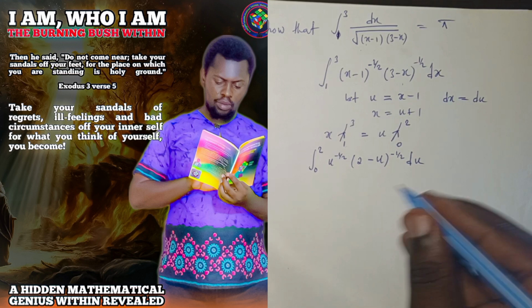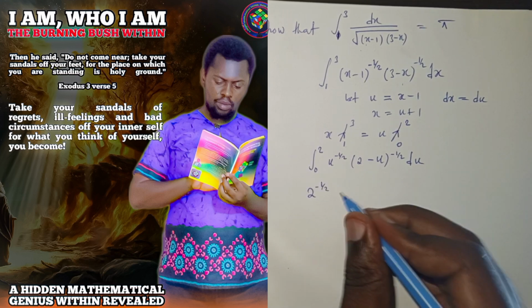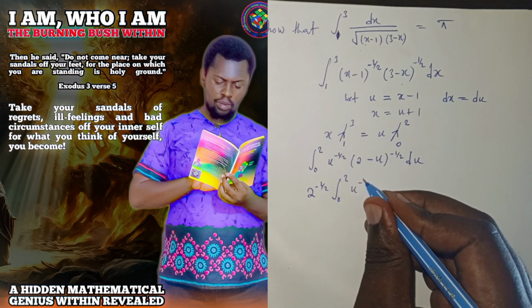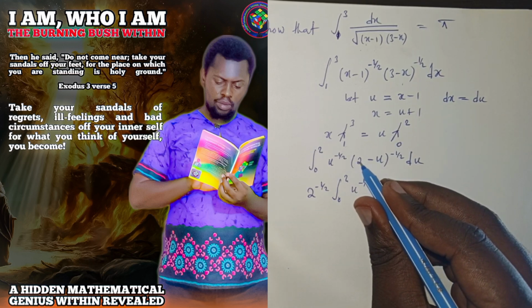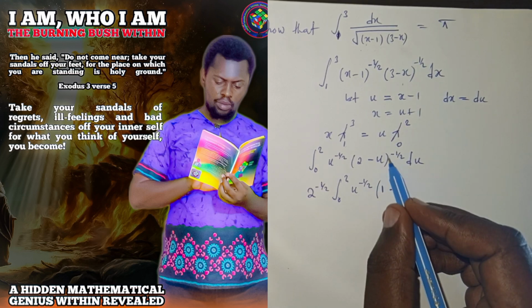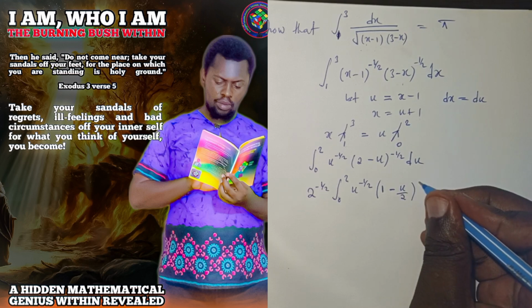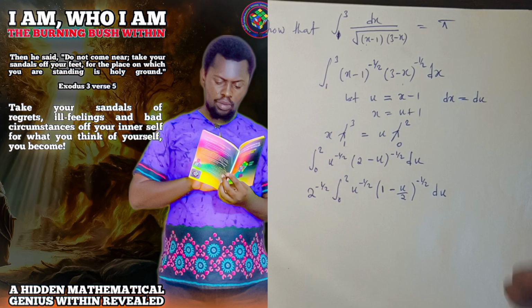So let's divide out 2. It will be 2 to the power minus 1 over 2, then the integral from 0 to 2 of u to the power minus 1 over 2, then since we have divided out a 2, we get 1 minus u over 2, to the power minus 1 over 2, du.